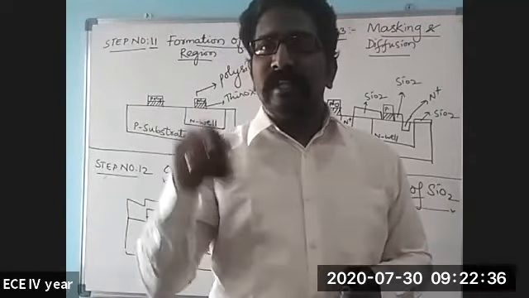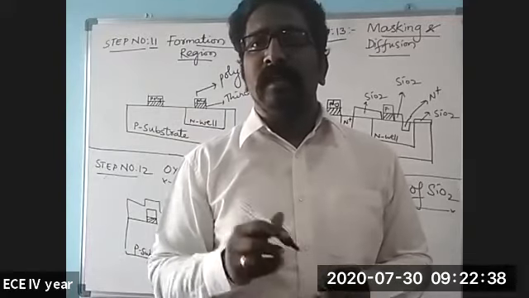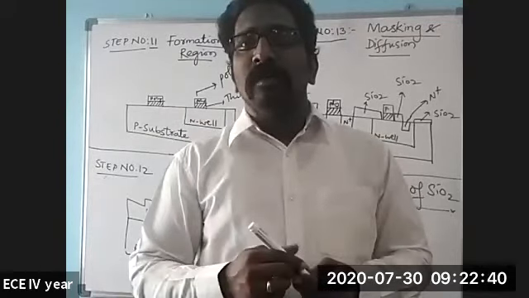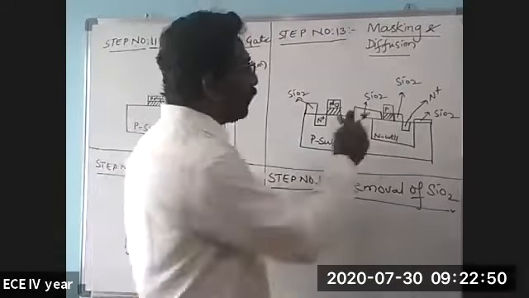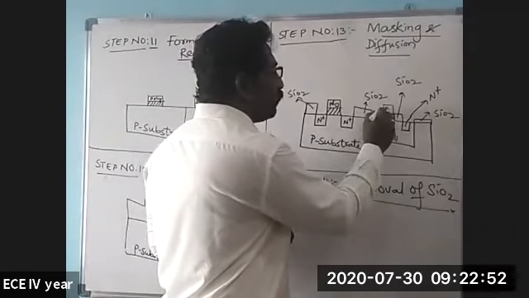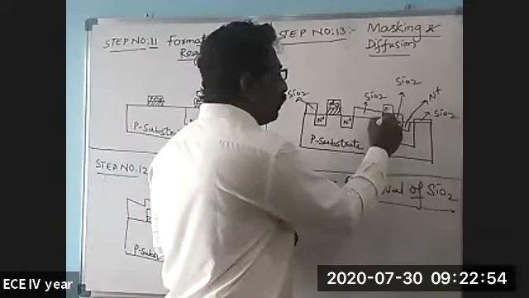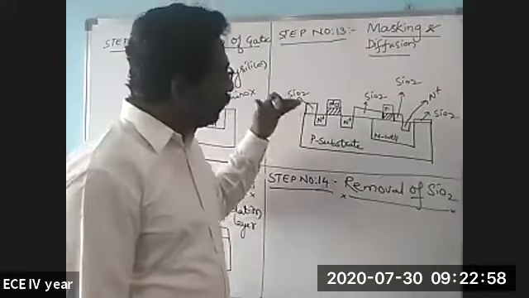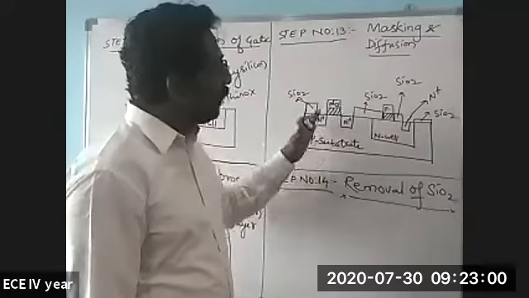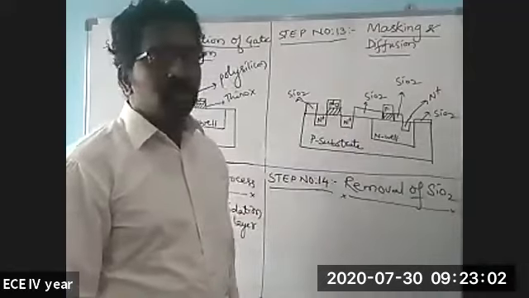After removing it from that particular area only, I deposited the N type impurities. In the other places I have not removed the SiO2. That's the reason you will have SiO2 in the places where these terminals are not formed, where N plus regions are not formed, and only in the places where the N plus region is formed has the SiO2 been removed.